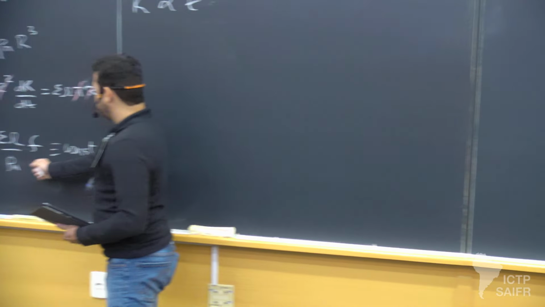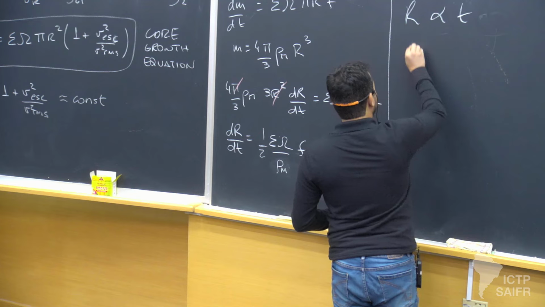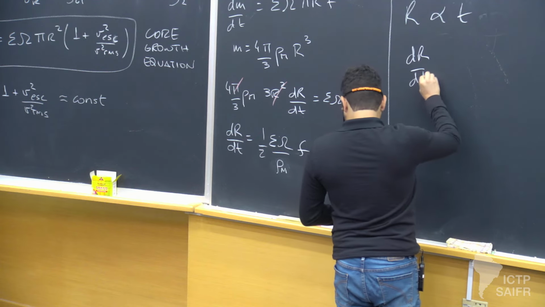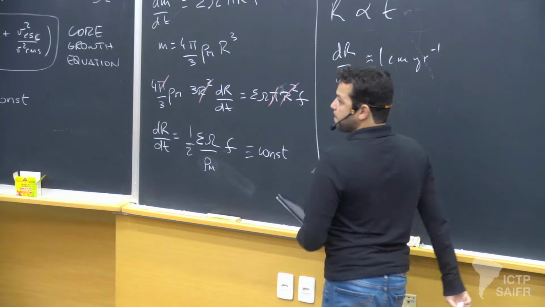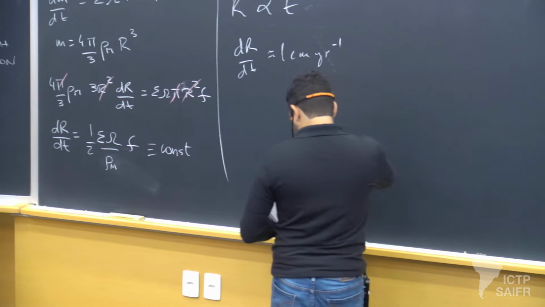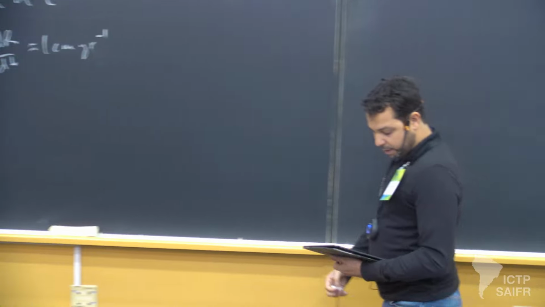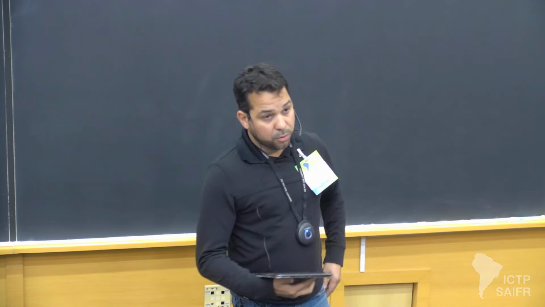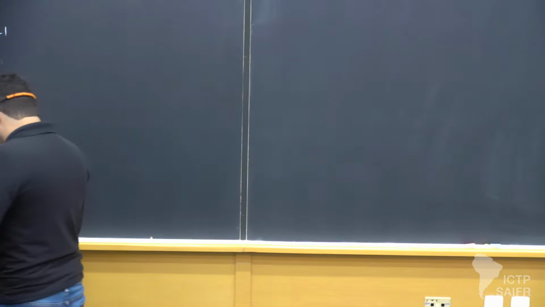If you substitute some values here, you find that the growth is about 1 centimeter per year, which is quite slow. It would take about 10 million years for the objects to grow to 100 kilometers.